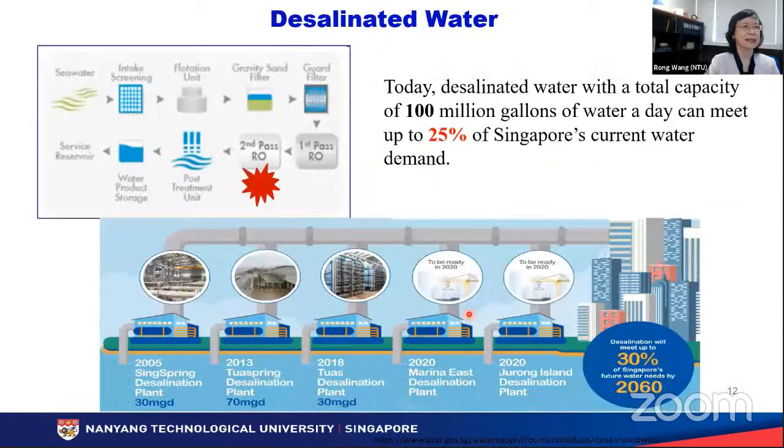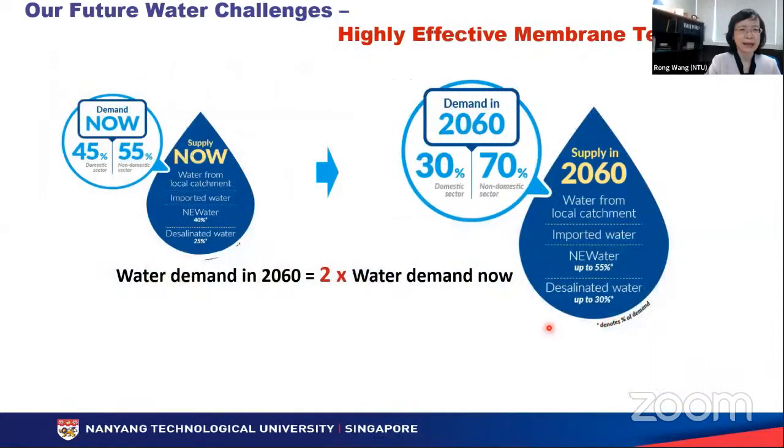Now let's see desalinated water. We use reverse osmosis membrane technology for seawater desalination. By 2060, desalination will meet up to 30% of Singapore's future water demand. From this data, you can see by 2060, 85% of water supply in Singapore relies on membrane technology.